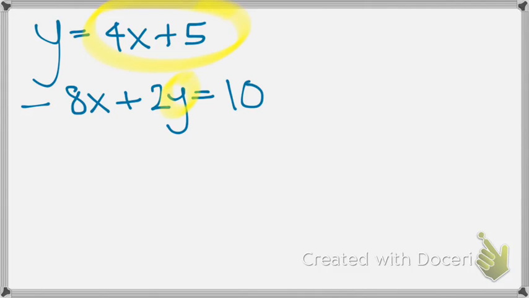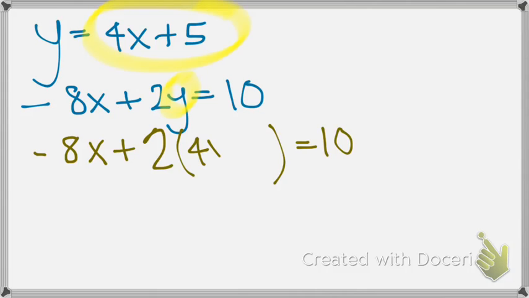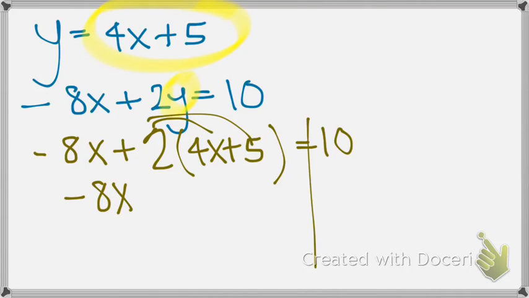So we're going to be plugging that in for y. So here we're going to have negative 8x plus 2. We're taking out the y, and we're putting in 4x plus 5. So we're going to distribute. We got negative 8x. 2 times 4 is positive 8. 2 times 5 is positive 10.